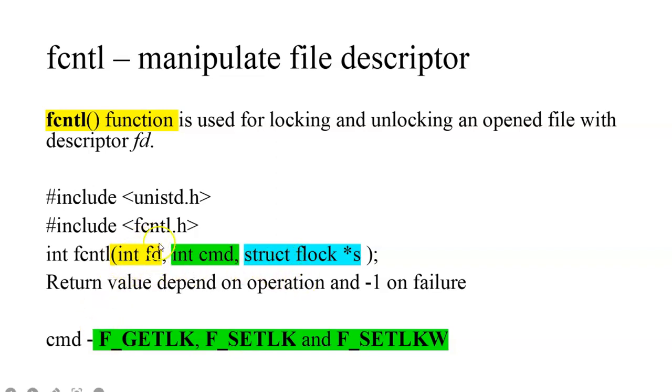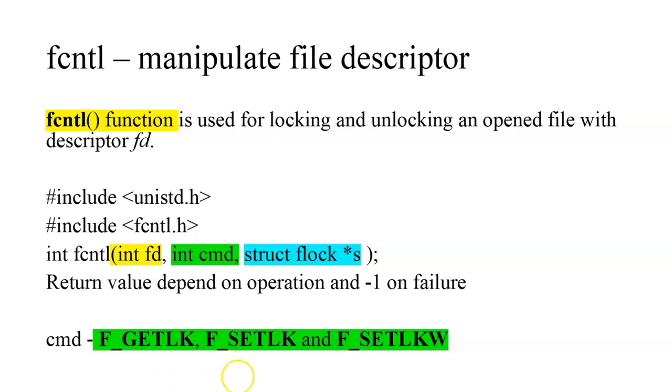The first argument is fd, which is nothing but a file descriptor, the one returned by the open system call. The second argument is the command. The command tells us what operation you want to perform on the file. So the command value can be F_GETLK, which gets the information about the lock that is set on the file.